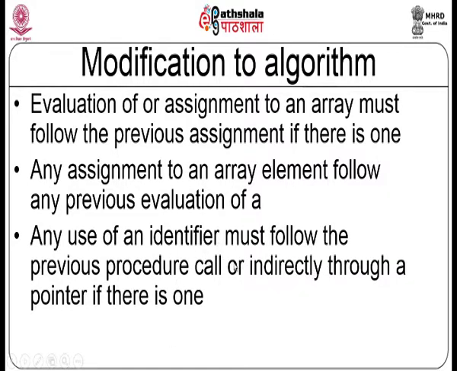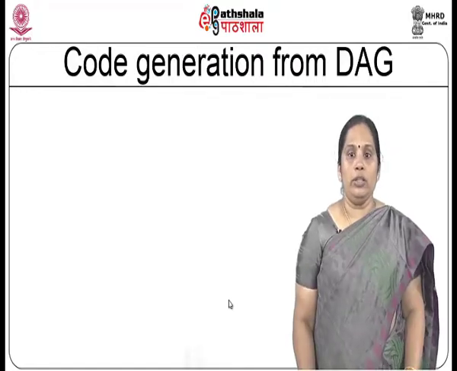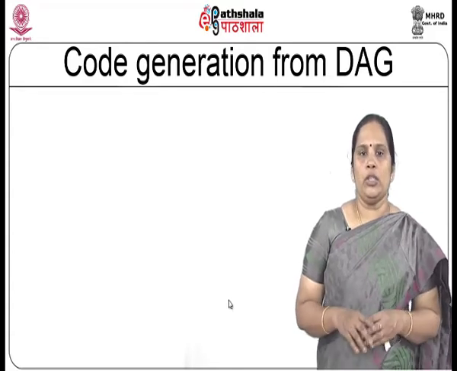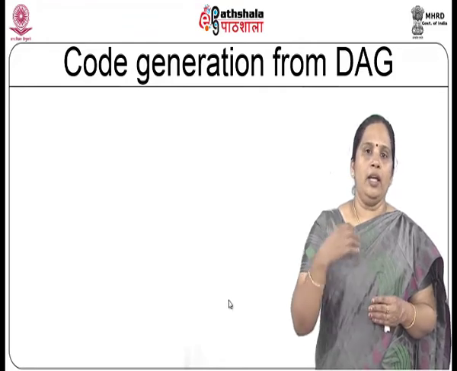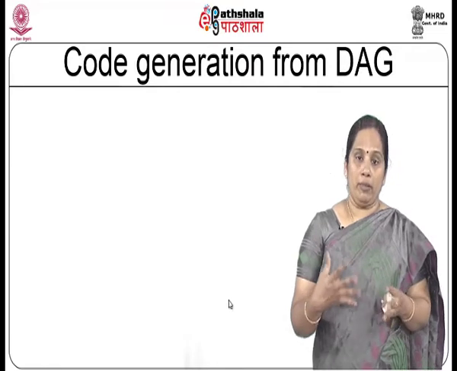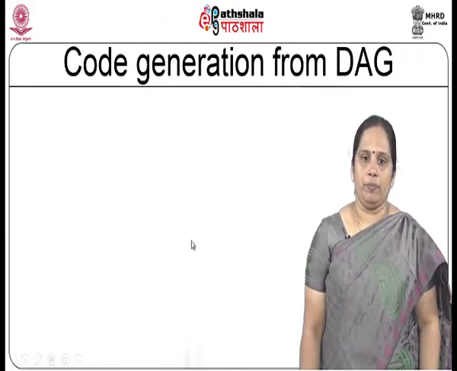This is one more addition, and the last one is any procedure call or indirect assignment through a pointer must follow all previous evaluations of an identifier. So these four techniques are basically used so that the correct value gets assigned to the correct variable, and the DAG doesn't have any ambiguity in showing this as a representation.